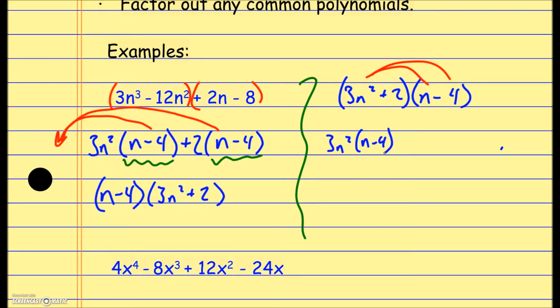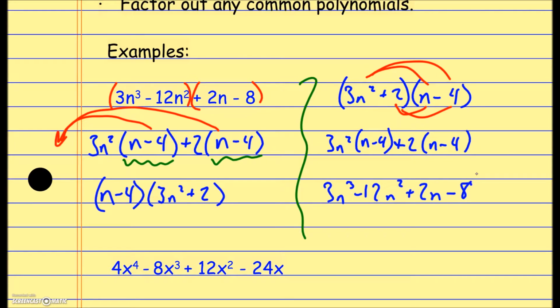I'm going to distribute it to that. And then I would distribute the 2, like me doing the plus 2 distributed to the n minus 4. And then I would actually do the distribution, and it would leave me with 3n cubed minus 12n squared plus 2n minus 8.